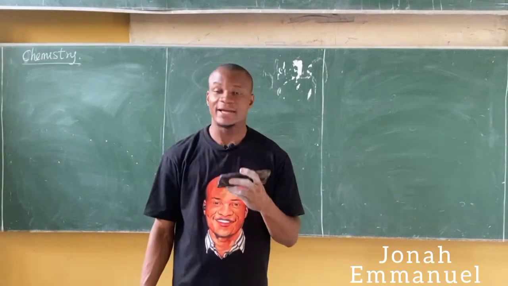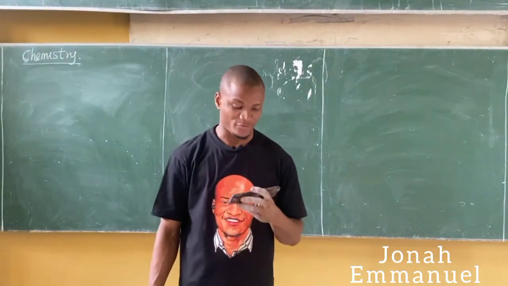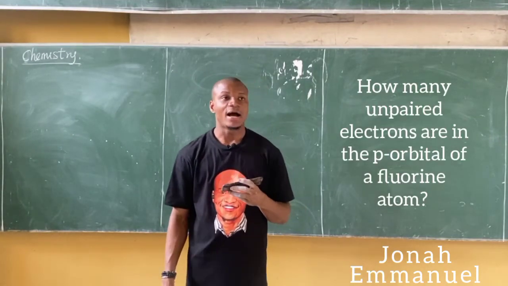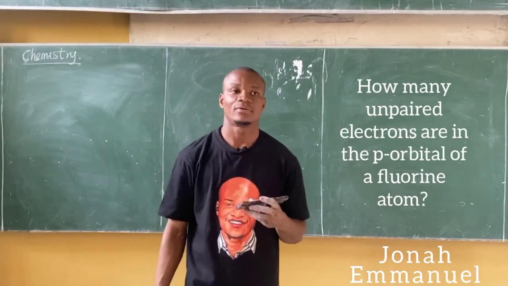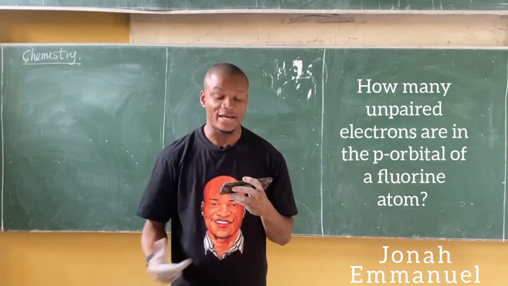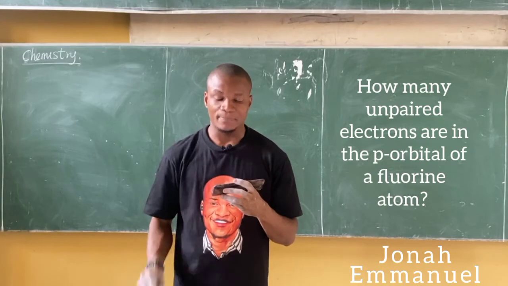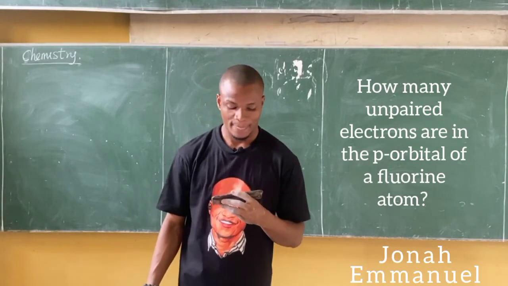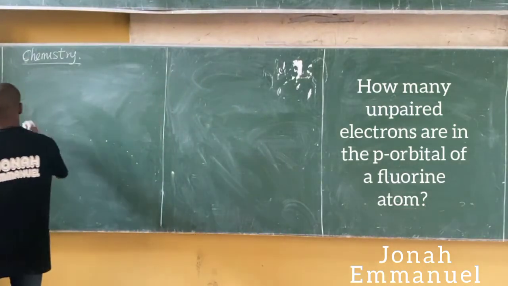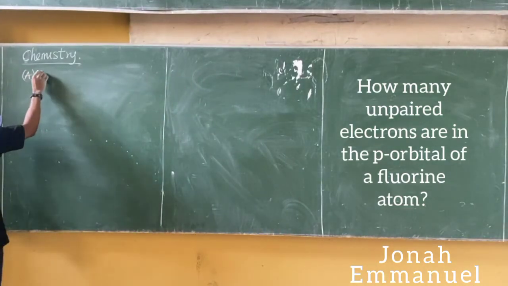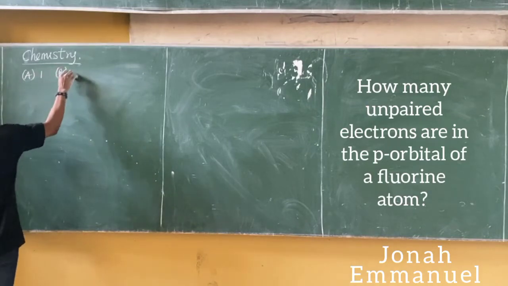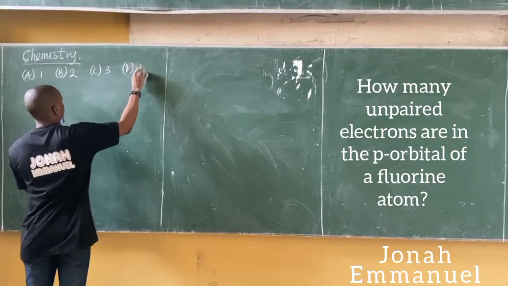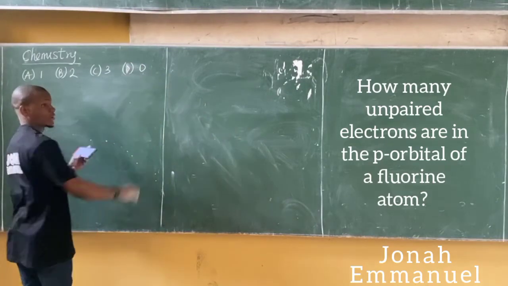Number 1, from Jamb past question: how many unpaired electrons are in the p orbital of a fluorine atom?